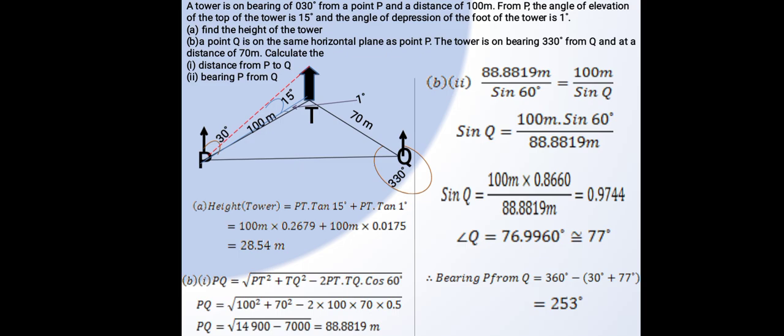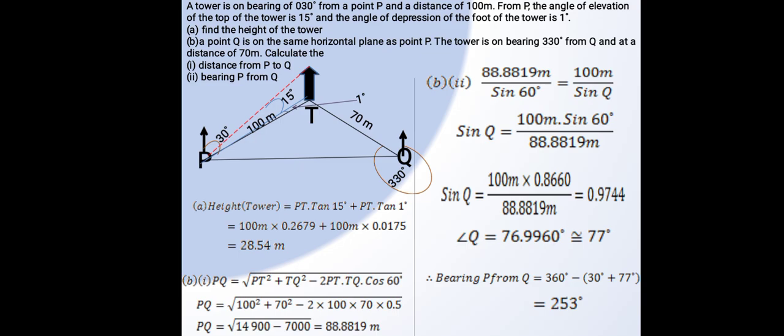Now, part B1 has asked us to calculate the distance PQ. The distance PQ, we shall use the cosine rule, which says that PQ squared is equal to PT squared plus TQ squared minus 2PT TQ cos 60.